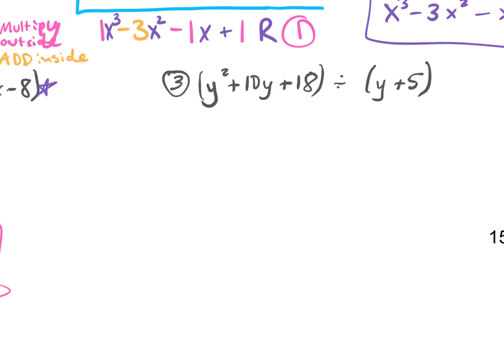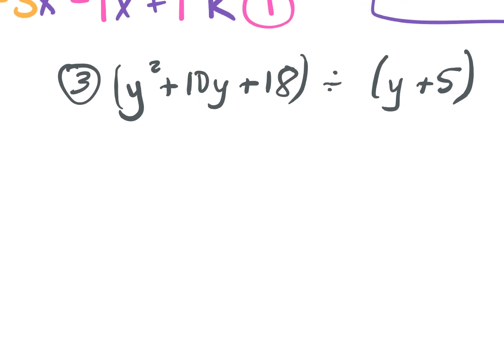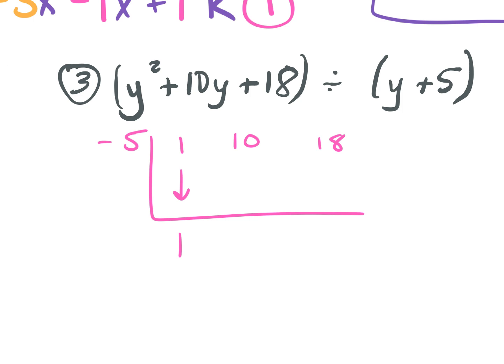All right, number 3. What goes outside the box? -5. What goes inside the box? 1, 10, and 18. What do we do first? Drop down the 1. What do we do outside?